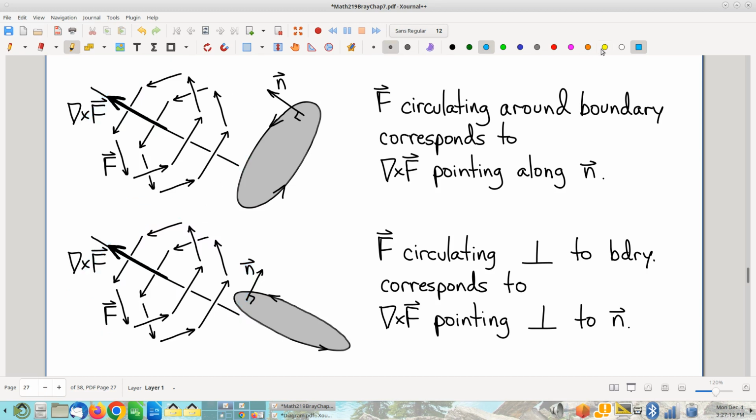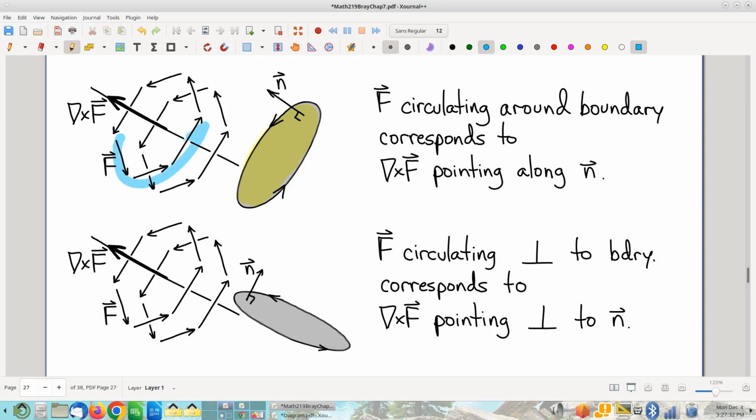I am first going to look at a little piece of surface that looks like this. And let's talk about boundary circulation around the boundary of that little piece of surface. Now, as I have it drawn, check it out.